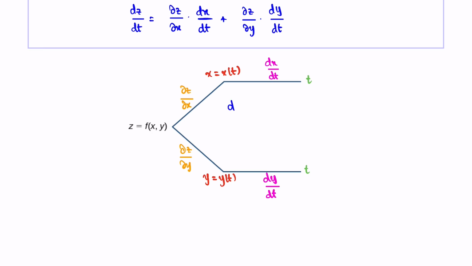So you have dz dt is equal to partial z, partial x, multiplied with dx dt, plus partial z, partial y times dy dt. So that's the formula, and we're going to apply this formula to some examples.